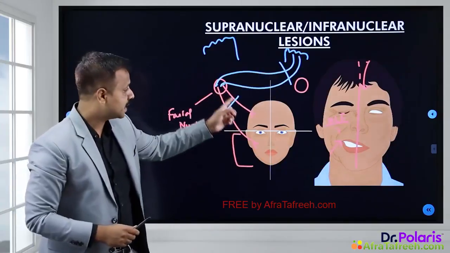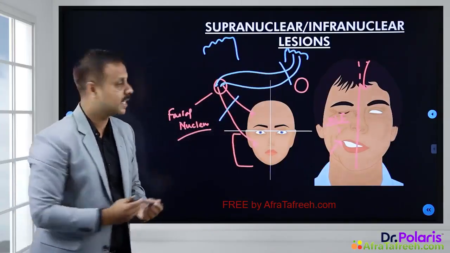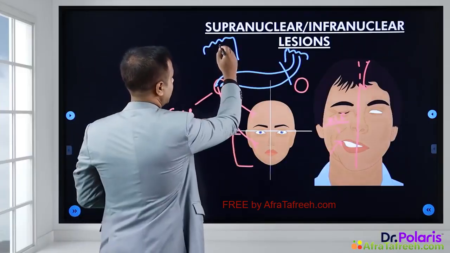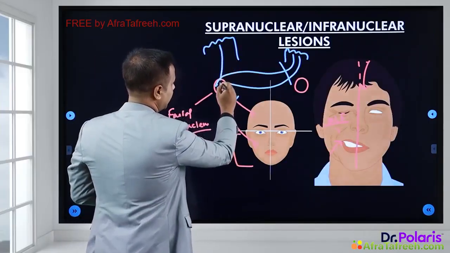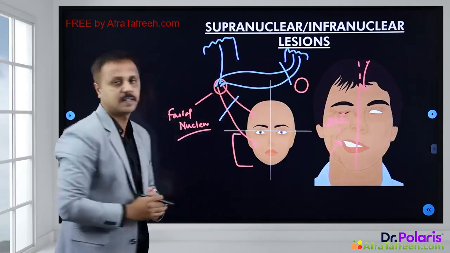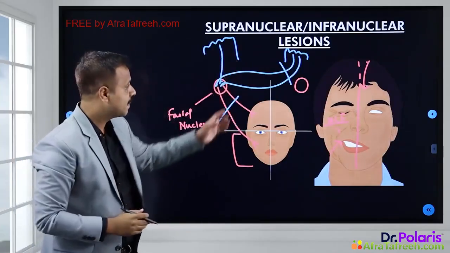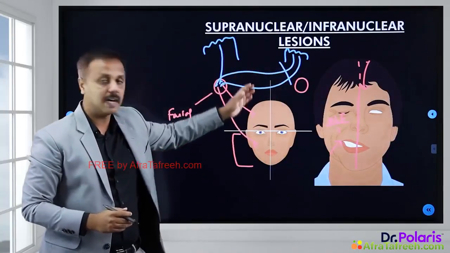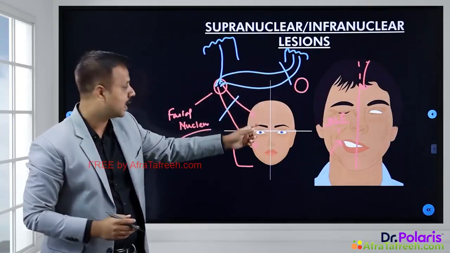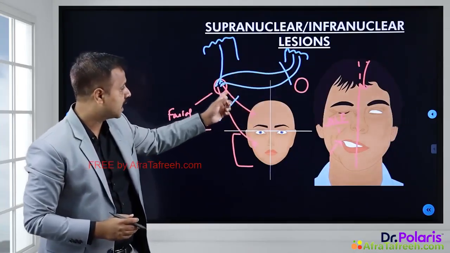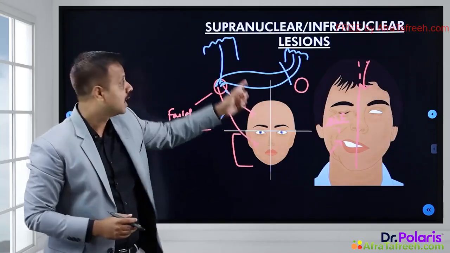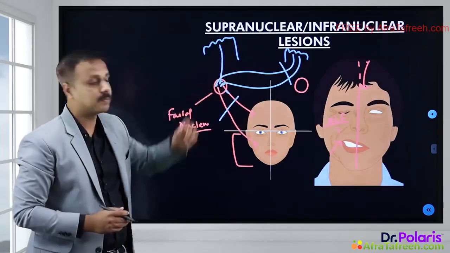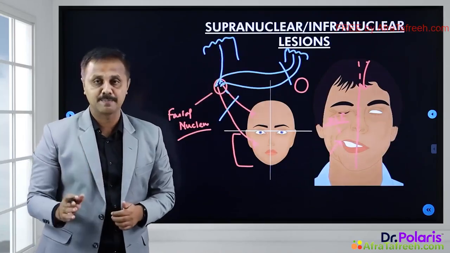Remember, the fibers which supply the upper half of the face are also controlled by the upper motor neuron coming from the same side. This is why whenever we have upper motor neuron lesion of one side, the upper half of the face is spared, because the lower motor neurons which are innervating the upper half of the face are also controlled by the upper motor neuron of the same side.